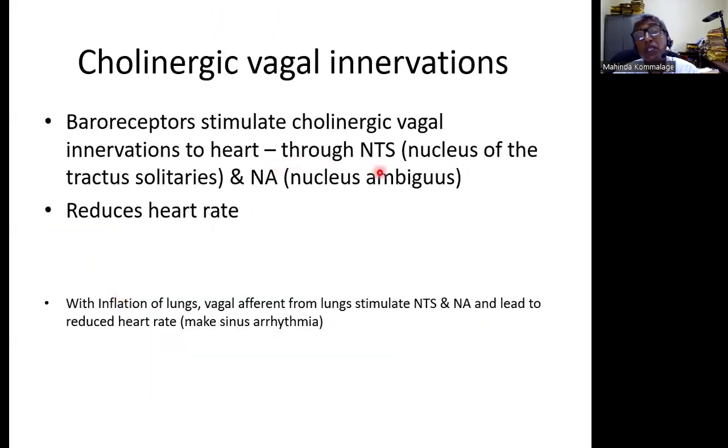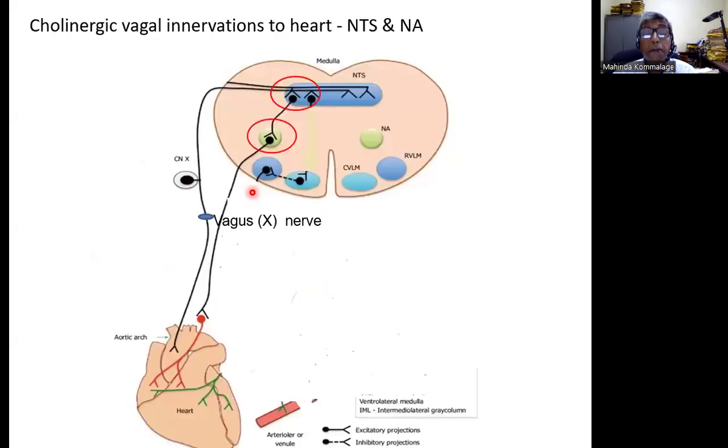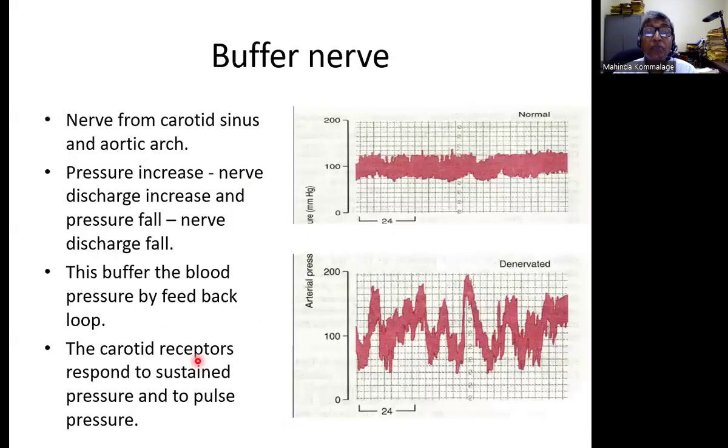So baroreceptor stimulation stimulates the cholinergic fibers to the NTS and nucleus ambiguous, NA, and basically reduces the heart rate. Right. So try to understand this. Probably now it's a little confusing with the different pathways, so try to read these handouts again and you will understand. Right. So that is the vagal pathway. As I mentioned, baroreceptor stimulation stimulates the nucleus ambiguous, NA, and stimulates the parasympathetic supply and basically reduces the heart rate.